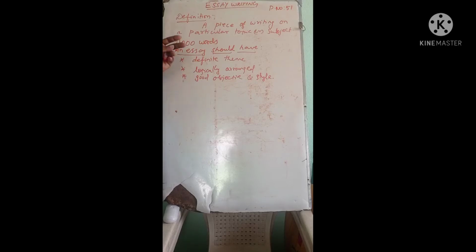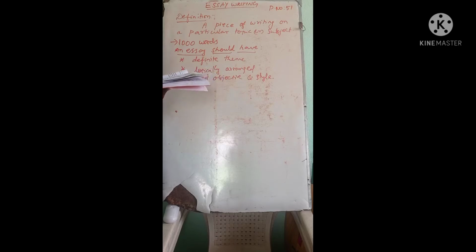Next, you have to collect the points and organize them logically. And next, your essay should have a good objective. For a good cause, it should be written, and a neat style should be followed. These are the 3 important things an essay should have.